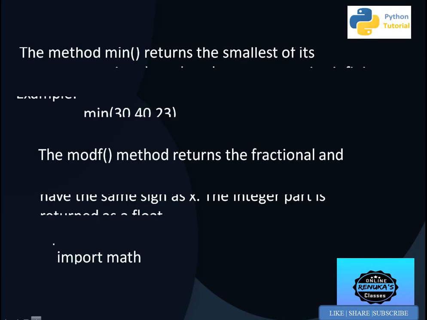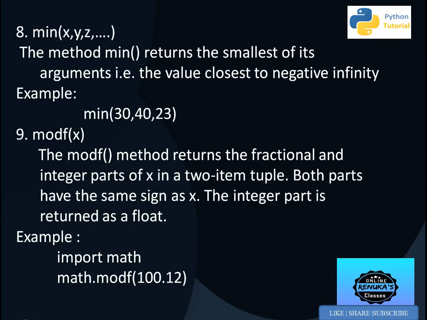So then next comes min, done. Then comes modf. This is a method of the math module that returns the fractional and integer parts, and the integer part it will return as float. Basically it will separate out the fractional part and the integer part, but the integer part it will display as float.